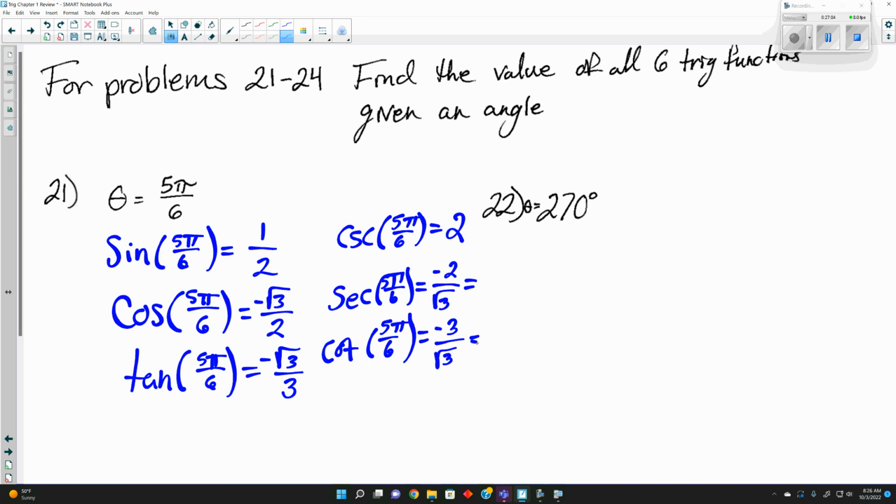And again, we could plug these into the 30xs and have it rationalize the denominator for us. We don't have to go through that process. And it's going to tell us it's negative 2 square root of 3 over 3. And here, we're just going to get negative square root of 3.